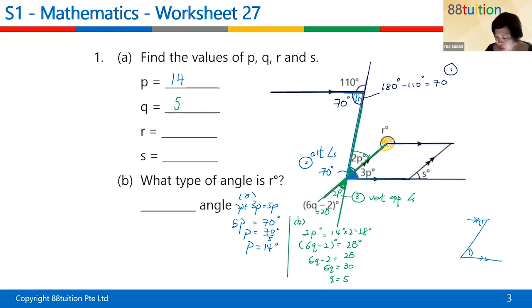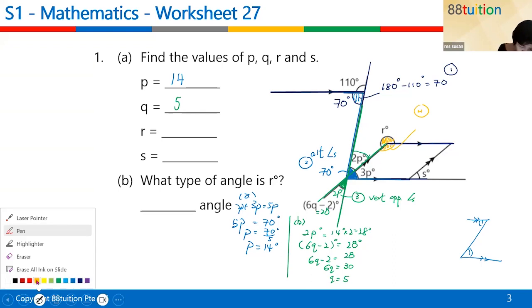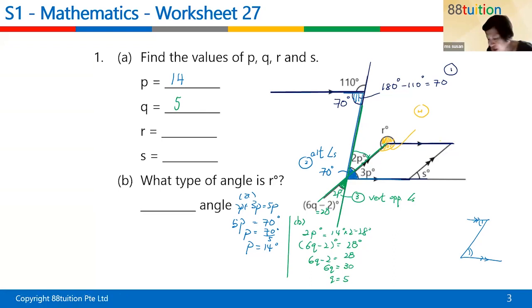So this one, I'm going to do it for step 4. How to do step 4 here? Do you realize that I have parallel lines? Yes, you are right. Because parallel lines are actually helping me to look out for clues. So then I do this.